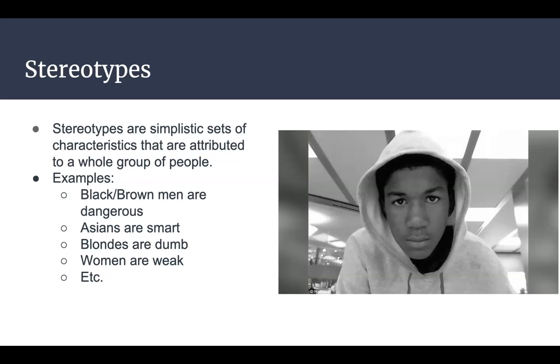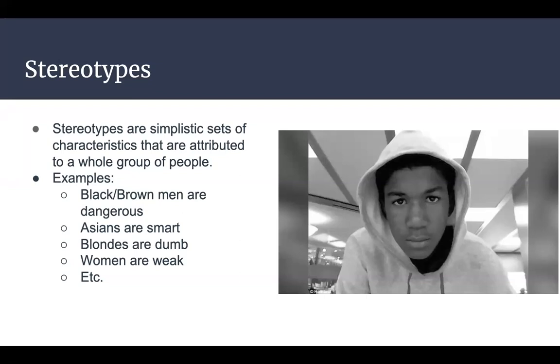So if we're looking at this hoodie and we're looking at a young Black man or kid, right? He was tall, so that adds another stereotype. So a tall Black man wearing a hoodie, given prejudice that we have on certain groups throughout time, have created this image of being dangerous.